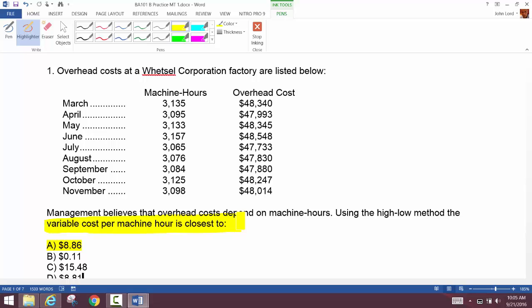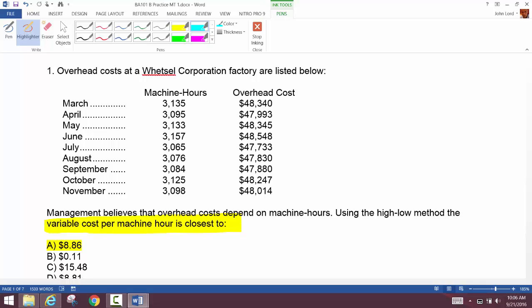I'm trying to make this a more comprehensive example so you can see how the high-low method ties together with our predetermined overhead rate, etc.